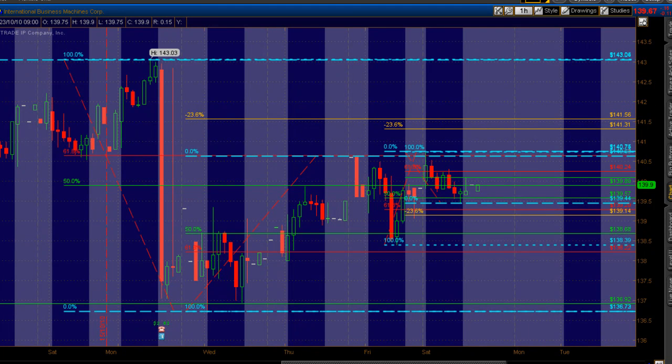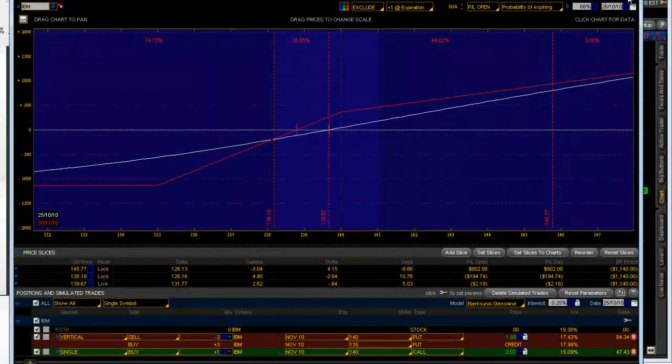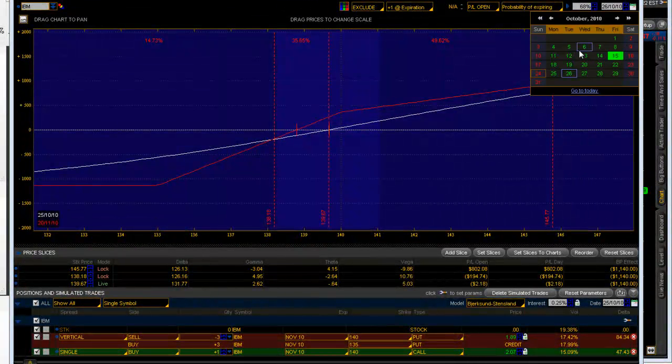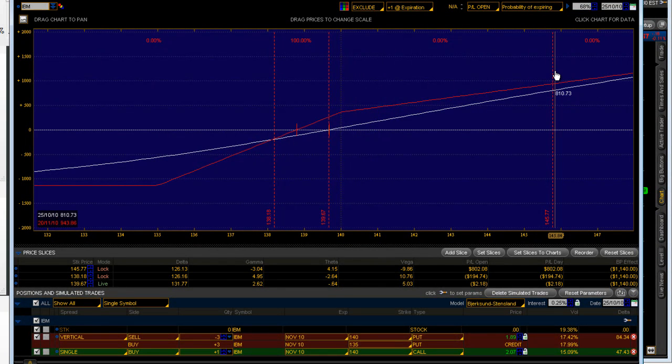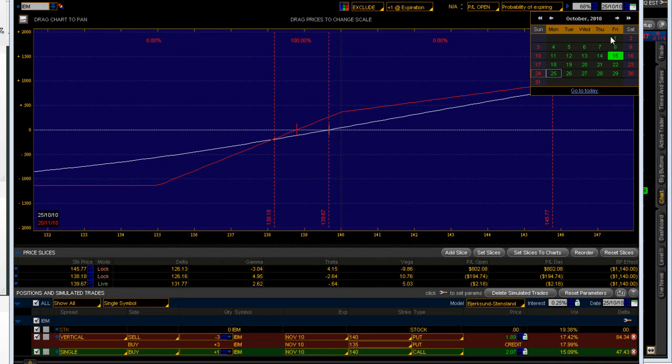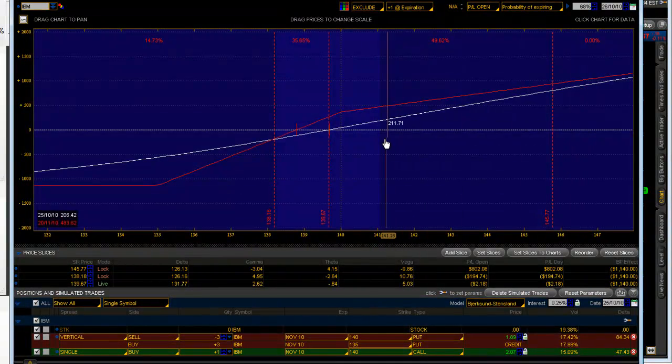If we look at the Analyze tab, you'll note that we can set up the expected move for just one day, and you can see that that expected move takes us down to about 138.28, 138.25.